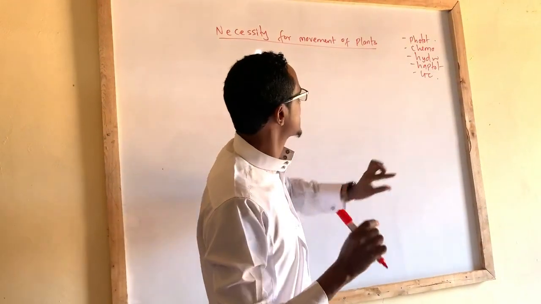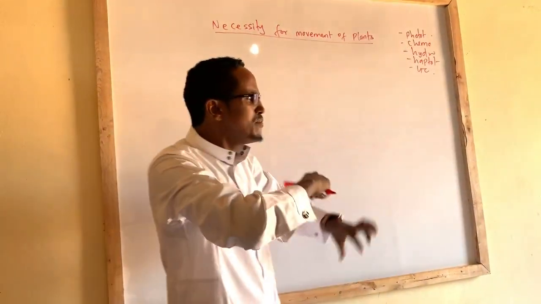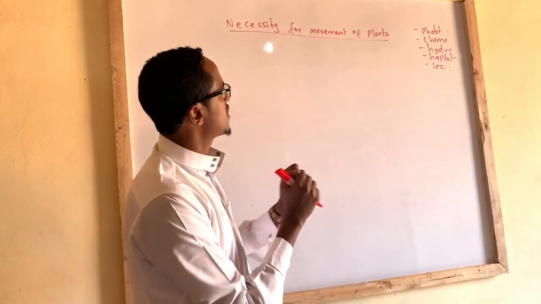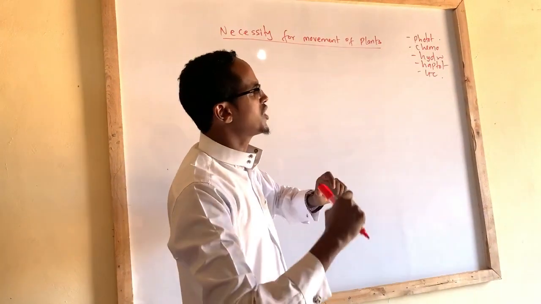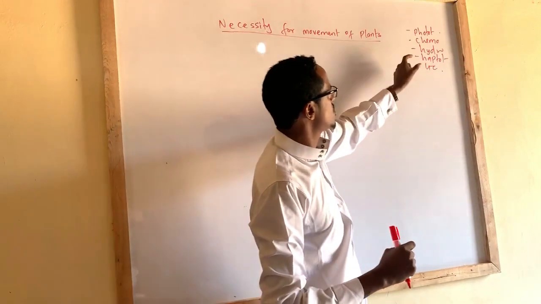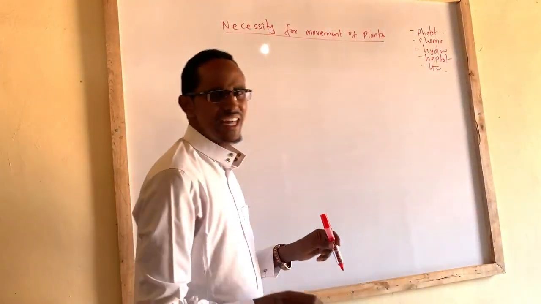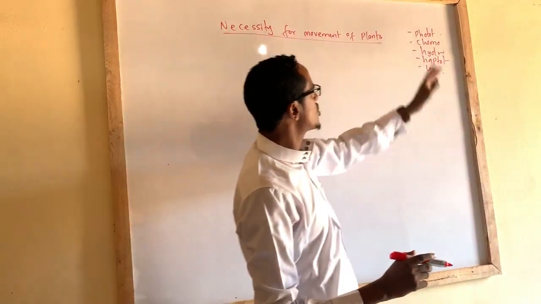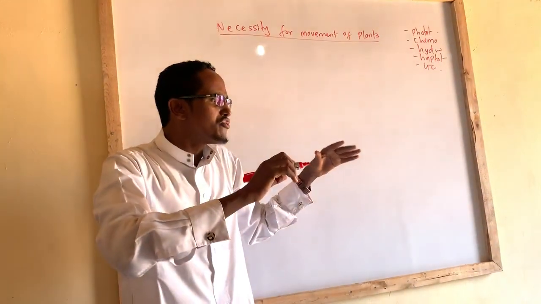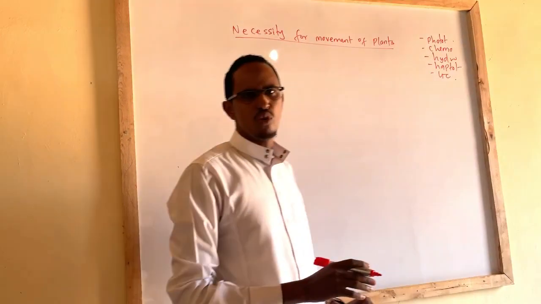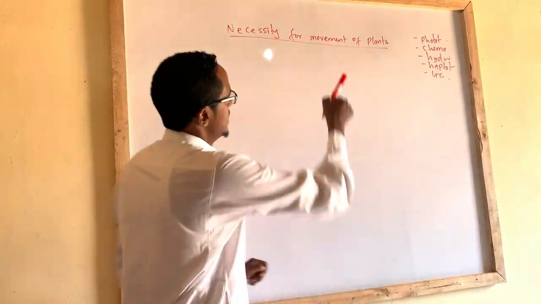And then we will ask ourselves, phototropism is a movement in plants that enables the shoot to grow toward the source of light. So what is the importance of that for the plant? Chemotropism: what is the importance of a pollen tube germinating toward the embryo sac? Hydrotropism: what is the importance of a plant moving its roots toward a source of water? One by one.